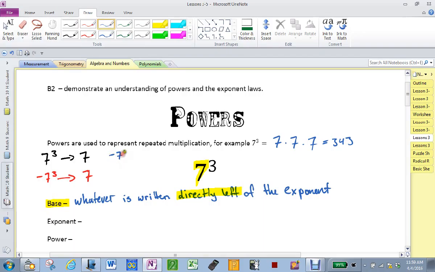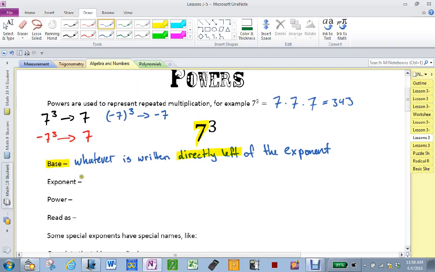Negative 7, in brackets, cubed. What's the base? Negative 7. Does everybody remember this from the 9th grade? Okay? The brackets mean the negative is part of the base. When there are no brackets, the negative is not part of the base. Everyone remembers this? Okay.